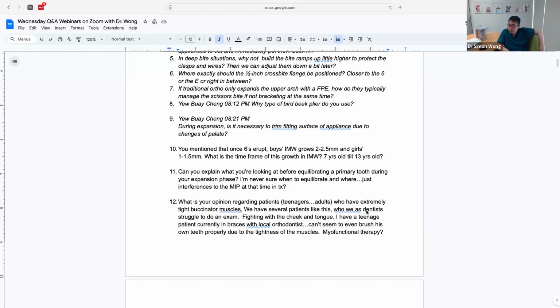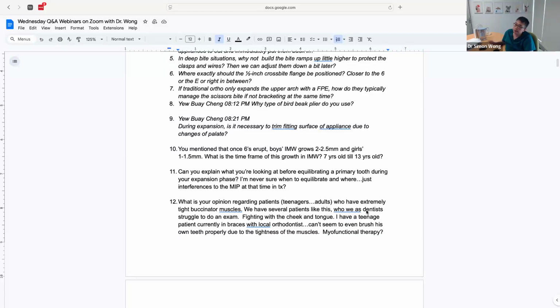So we would expect a 7-year-old intermolar width to be around 36, 37 mils if it is going to reach the required 37, 38 mils in natural growth by the time their sevens are up.